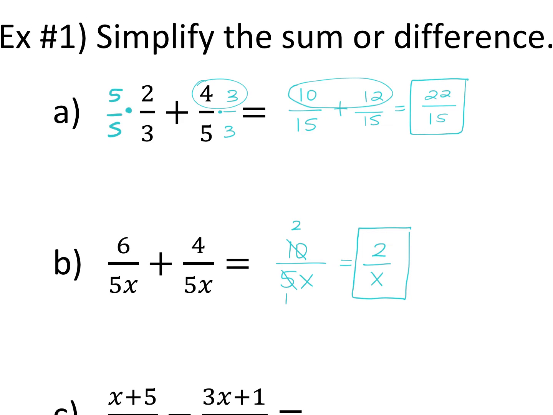Why did I do that? So we have to get a common denominator. So if one of them is 5 and one is 3, the least common multiple of those two numbers is 15, right? That's the lowest number that both of those numbers can go into. So if it was like 3 and 4, you would try to make it a denominator of 12.